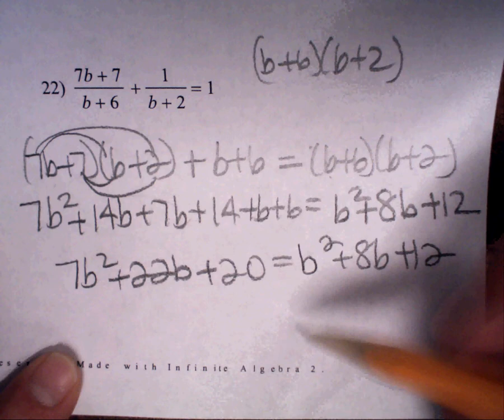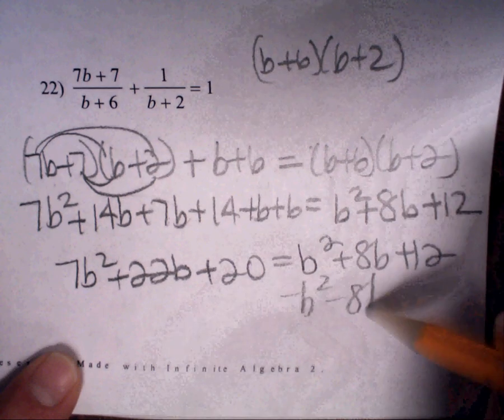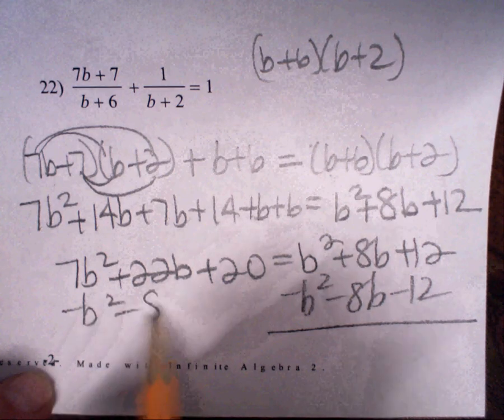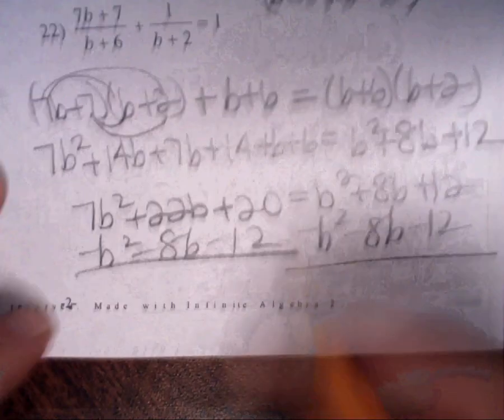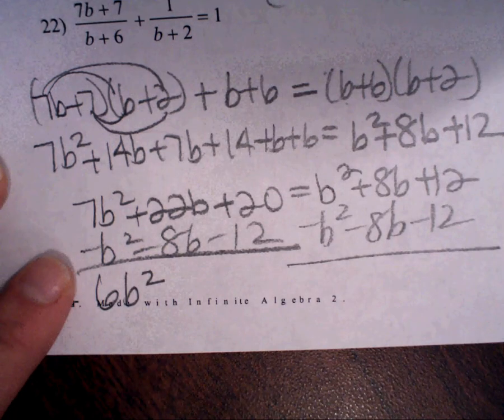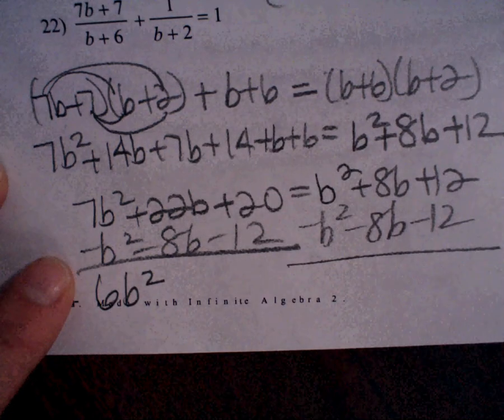So we have a quadratic, and so I'm going to subtract b squared minus 8b minus 12. Running out of room. 6b squared. What is that?